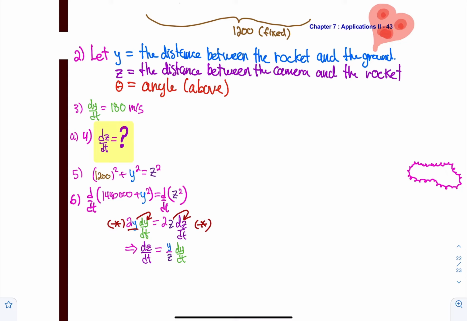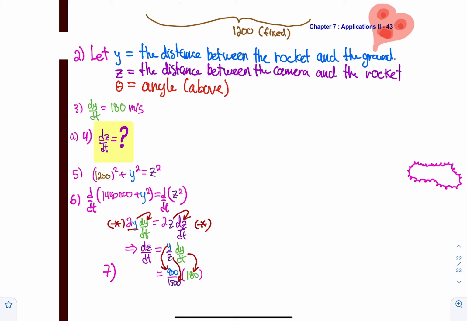So here we go. You just replace the y by 900, the z by 1500, and the dy/dt by 180. So you're going to get that. Poof. So that's my numerical answer at the end: dz/dt is going to be equal to 900 over 1500 times 180.